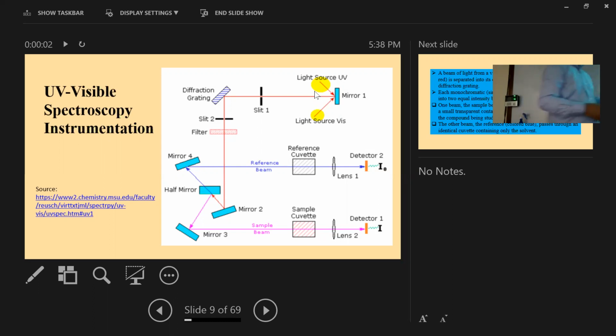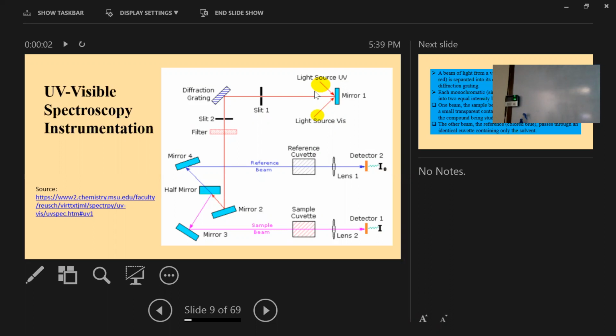So this is our light source, and we use a mirror to direct the light in this direction. A lamp gives light oriented in all directions, so from here you get the reflected light this way.